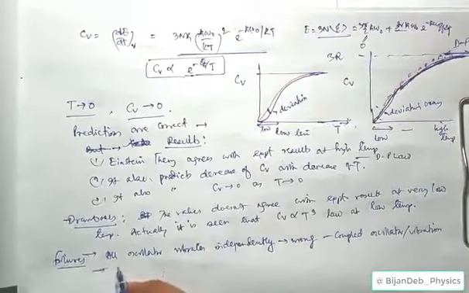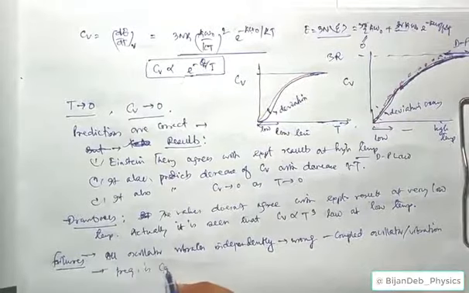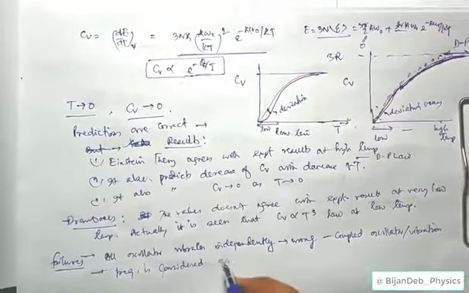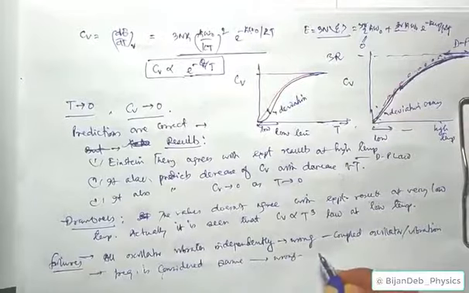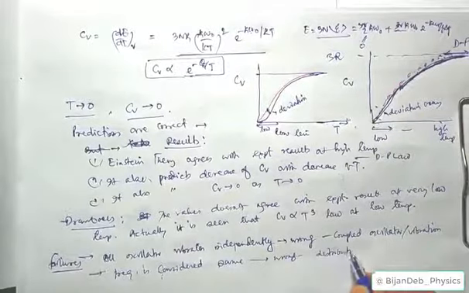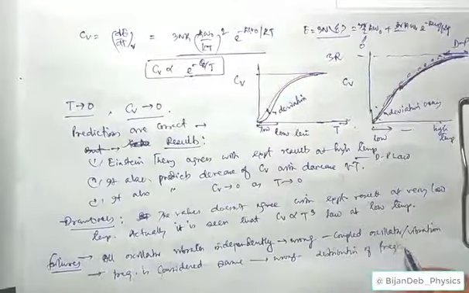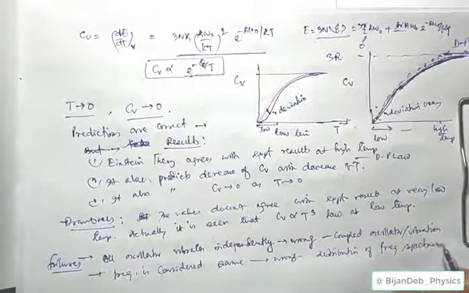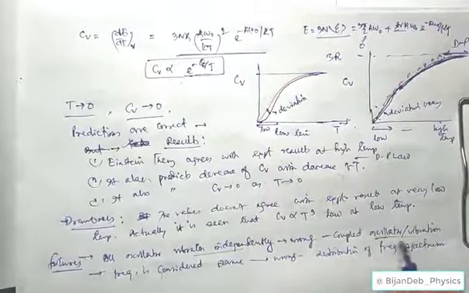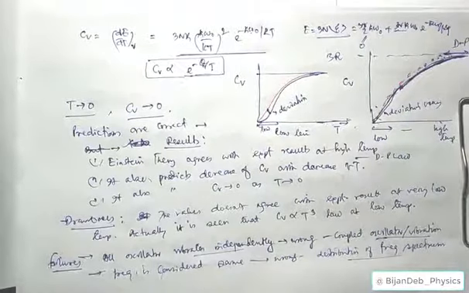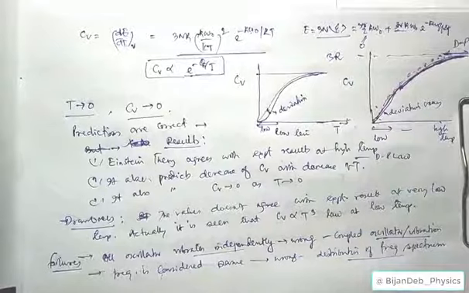Then again, frequency is considered the same. So this is again wrong. Here we should consider a distribution of frequency spectrum, so a range of frequencies should be considered. So there is no independent vibration, there is coupled vibration, and there may be defined modes of vibrational frequency.